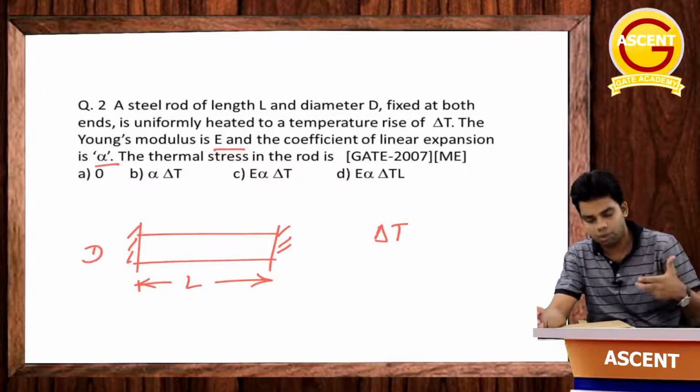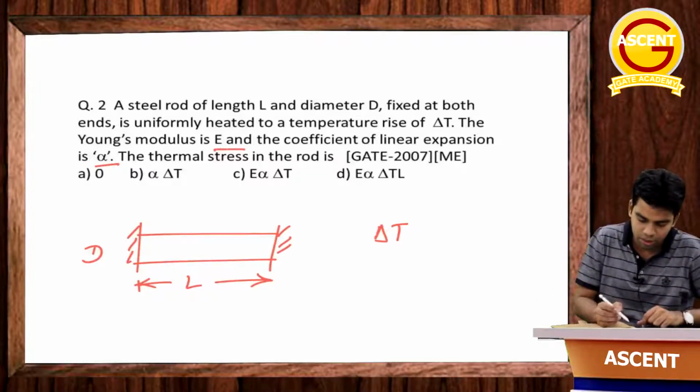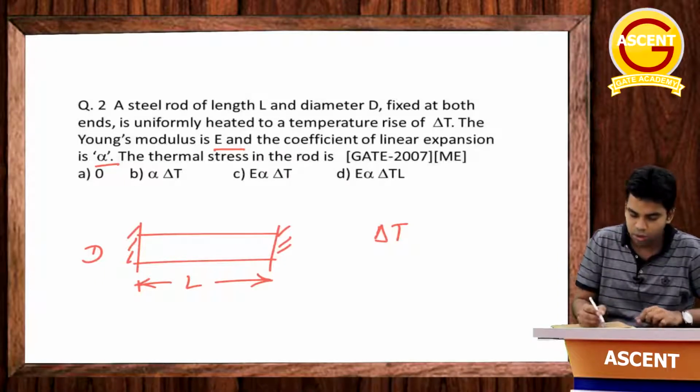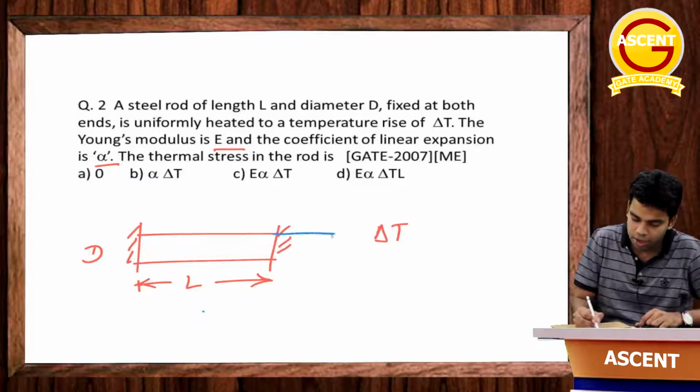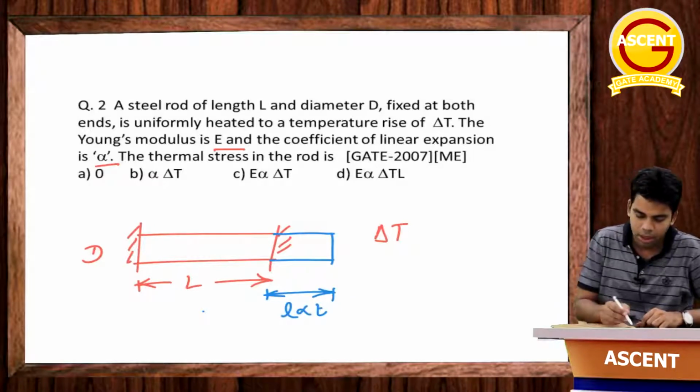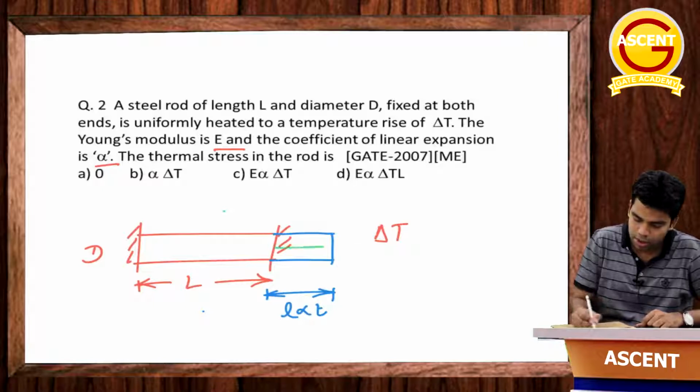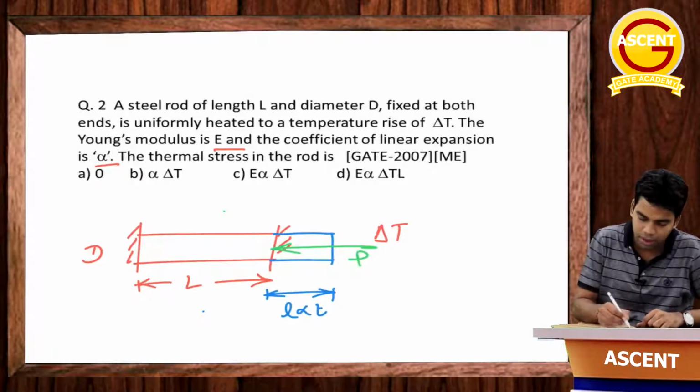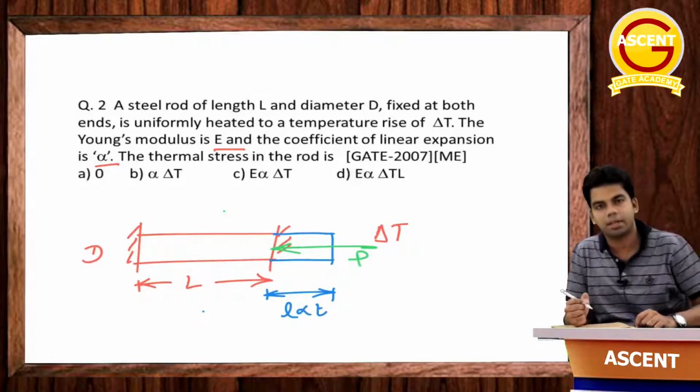I have already told you about thermal stress. How can we determine this thermal stress? If it was free to expand, then how much expansion would there be? It would have been L alpha delta T. But this wall is applying a certain force and preventing the rod from expanding this much.